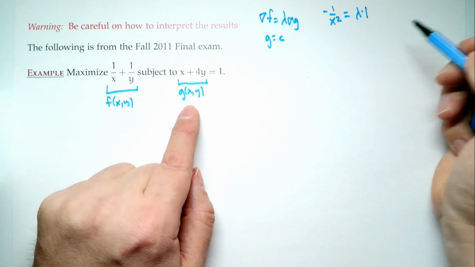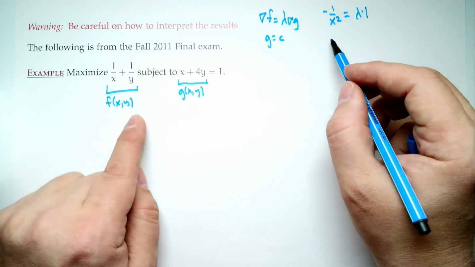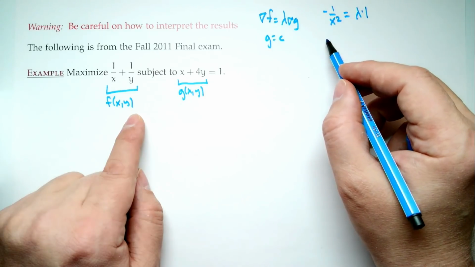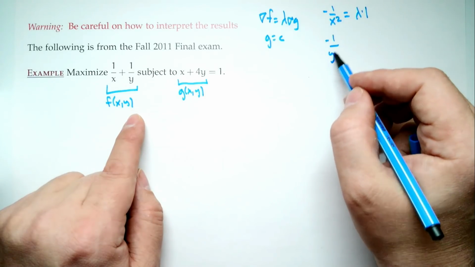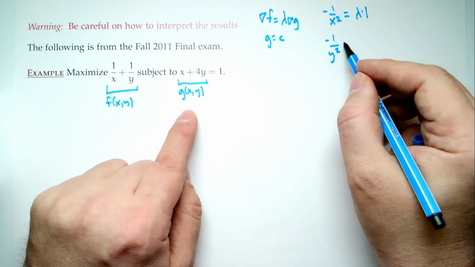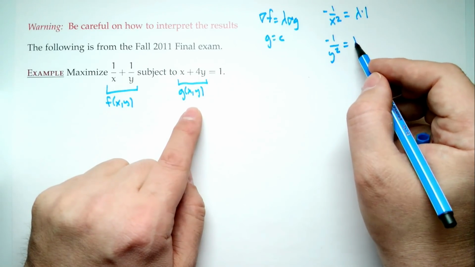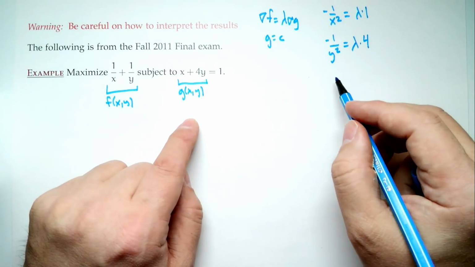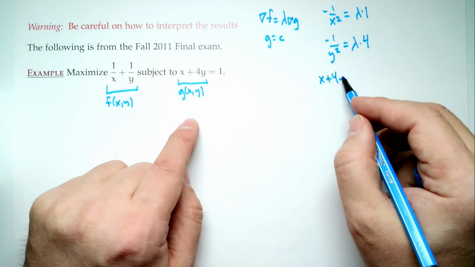One. Okay. Partial f partial y. Derivative of 1 over y with respect to y. Minus 1 over y squared equals lambda derivative of g with respect to y. 4. And I have the constraint x plus 4y better be 1.